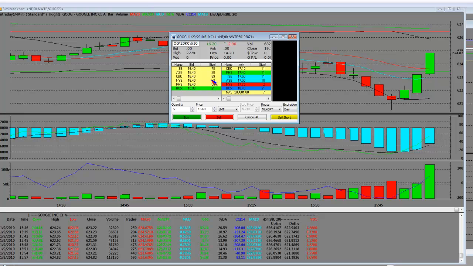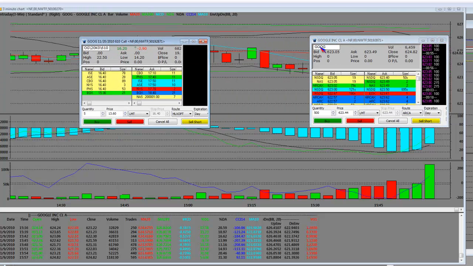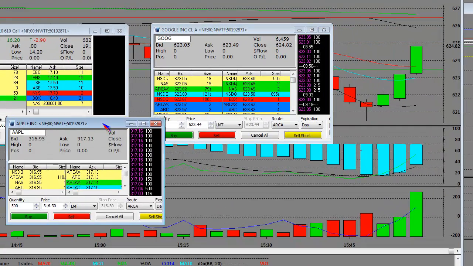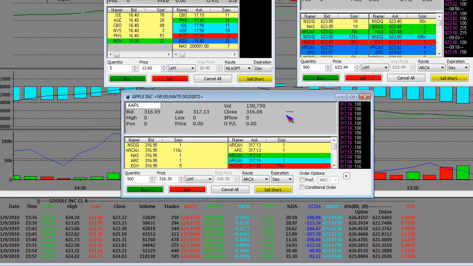Bam. So now, what are we doing? We're lining that bid. But we also know that the name here, both on the Google and the Apple, because here's that pre-market move on Apple. It's nice. You got a 316.8 close, so you already got a gap in play.